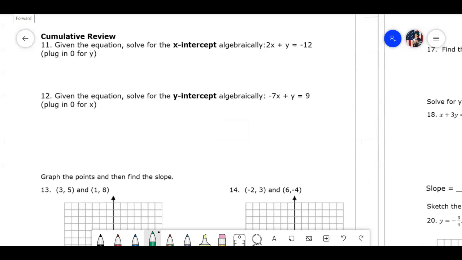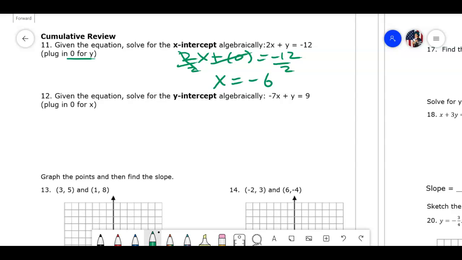All right, given the equation, solve for the x-intercept. Now, if you don't remember this from algebra 1, it tells you what to do. Plug in 0 for y. So 2x plus 0 equals 12. That's gone. So now I just divide by 2 and get 6.